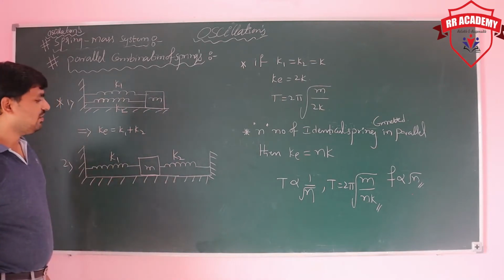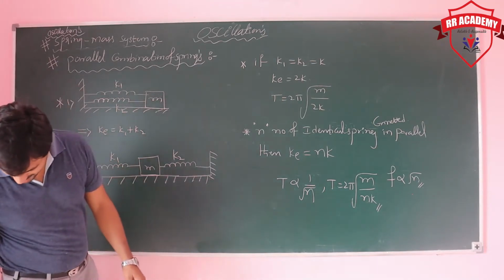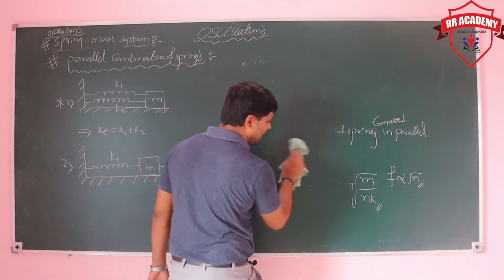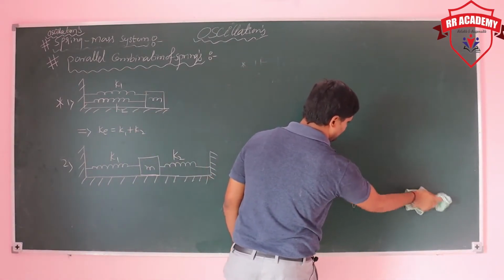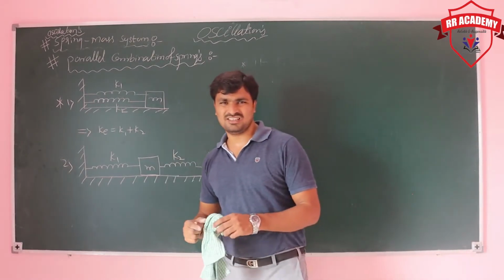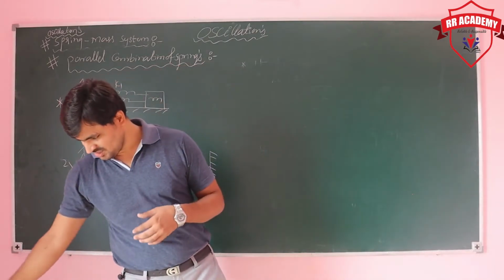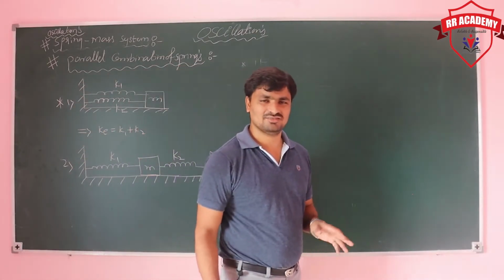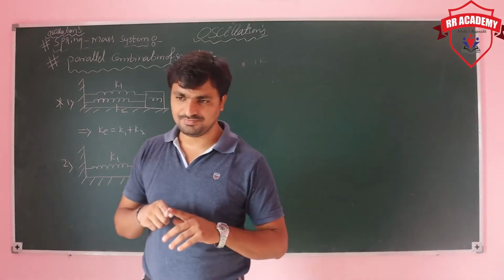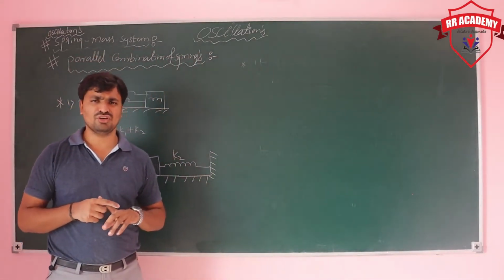Then what about the effect? First of all, tell me which combination this is. Series or parallel? Think. Series or parallel? If you are saying series, completely wrong. It's parallel. How? What I told you first.